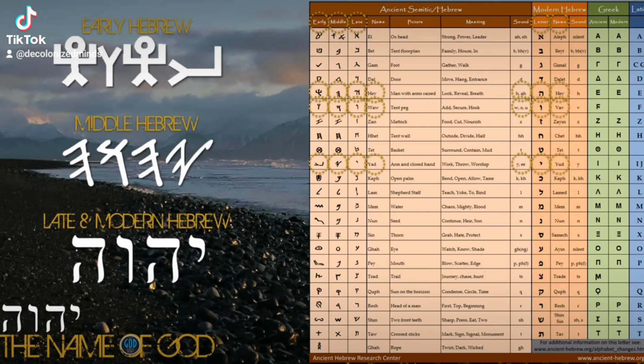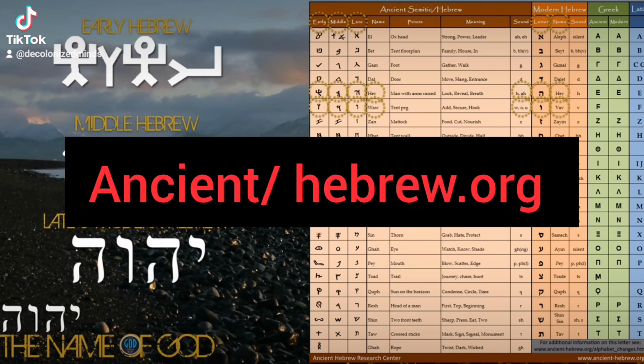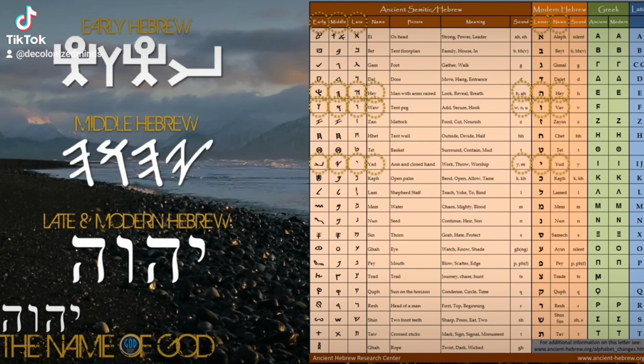Also, this chart is actually from a Jewish organization who runs ancient-hebrew.org. You can go there for yourself and check it out. You can download this chart and others, and this is pretty self-explanatory, but we're going to use this for purposes of this conversation. Now, for the name of God.